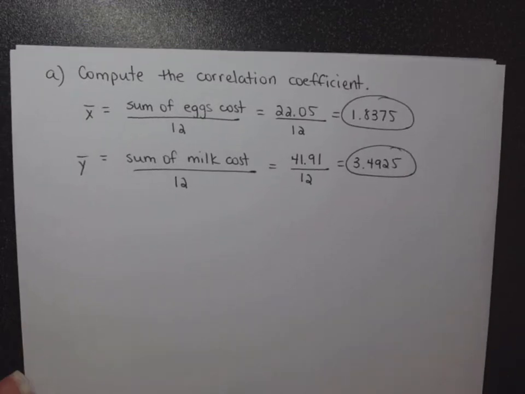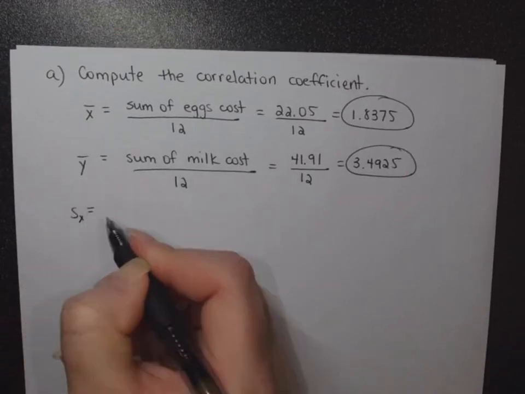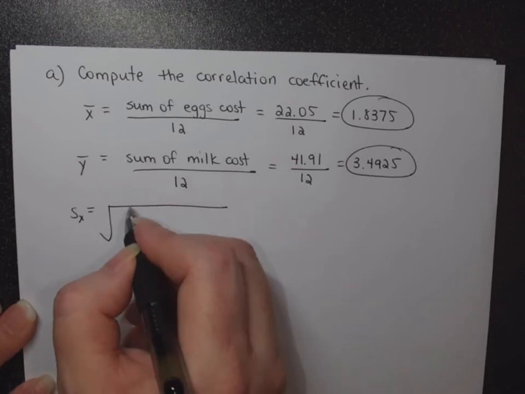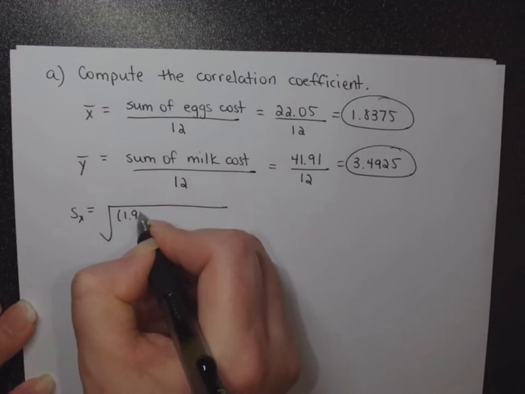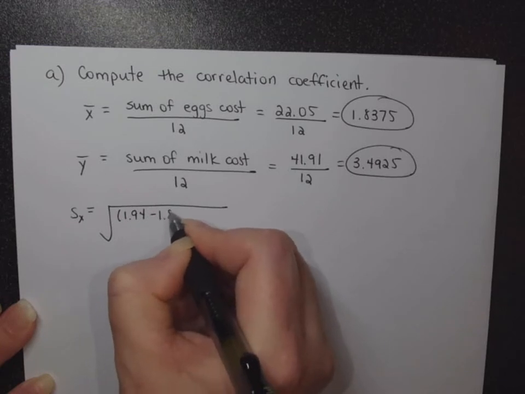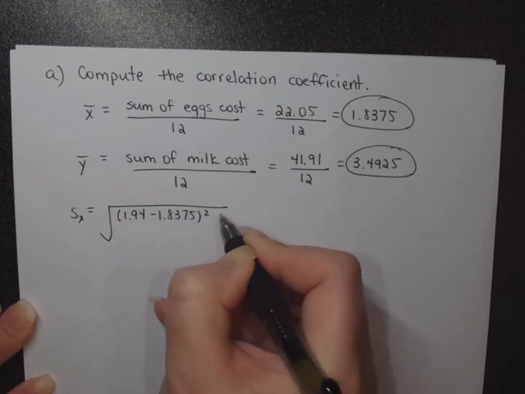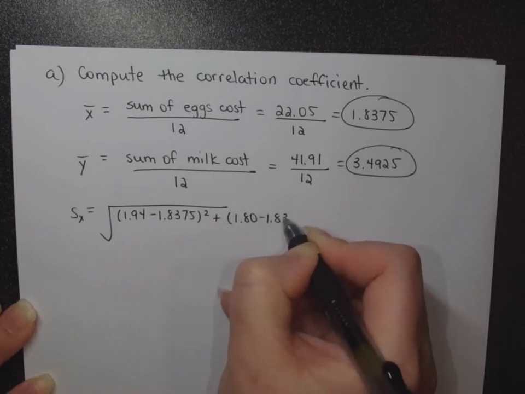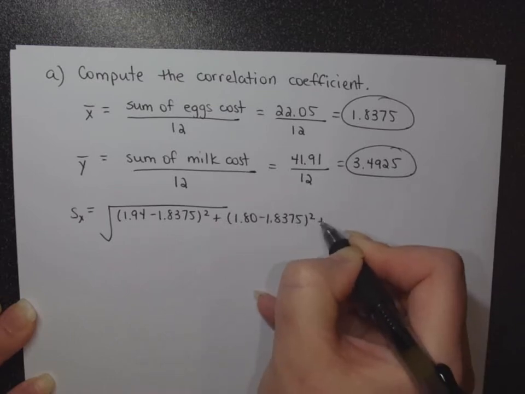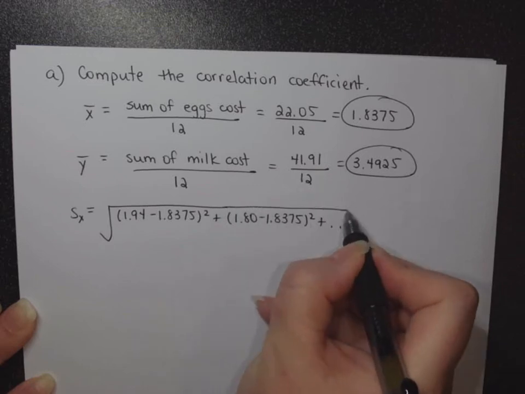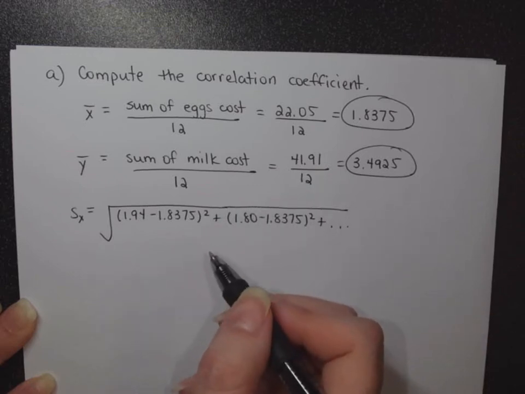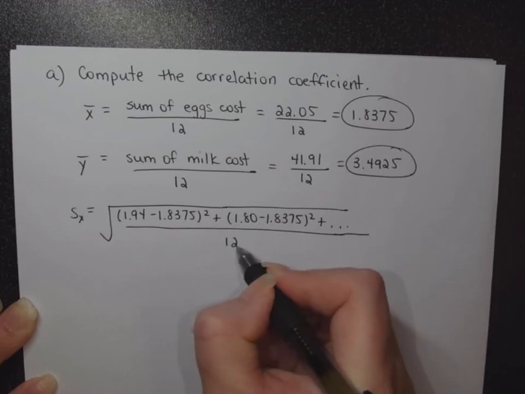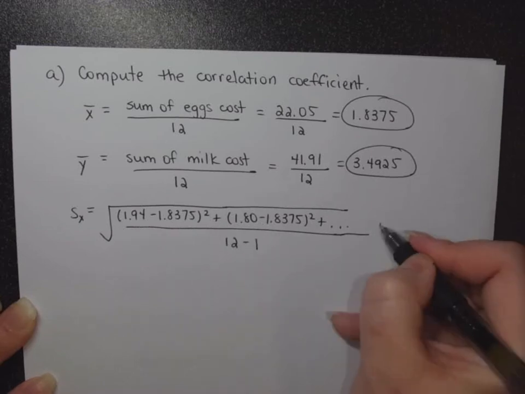Okay, easy enough to find those. Standard deviation is a little tougher. It's going to be the first month for eggs minus the average for eggs, squared, plus the next price for eggs minus the average, squared, plus so on and so forth, and then over n minus 1, and take the square root to get the standard deviation.